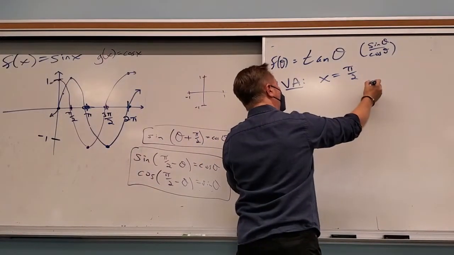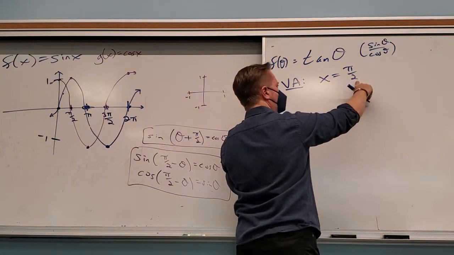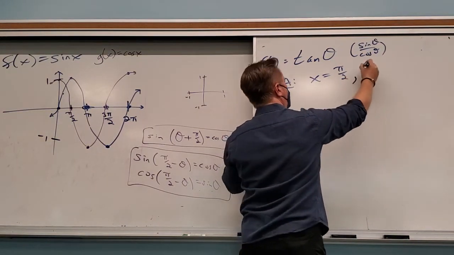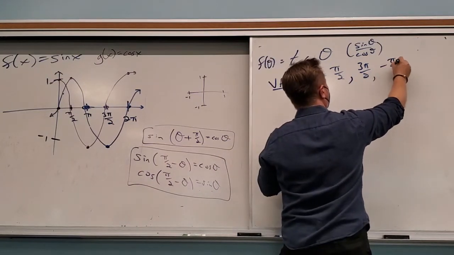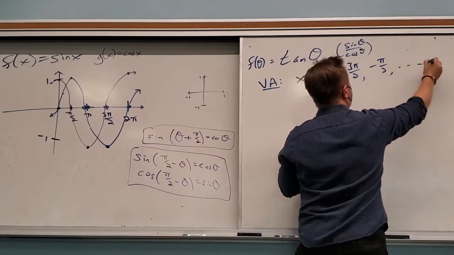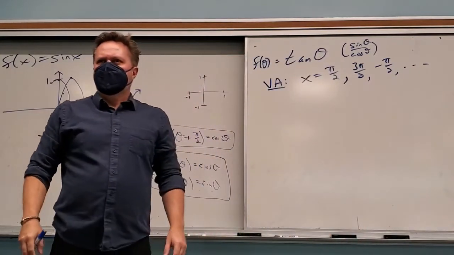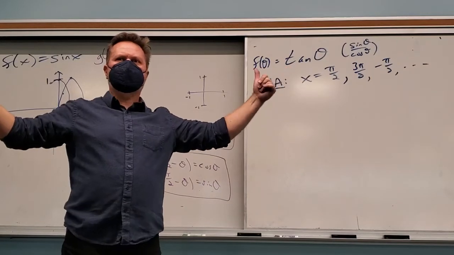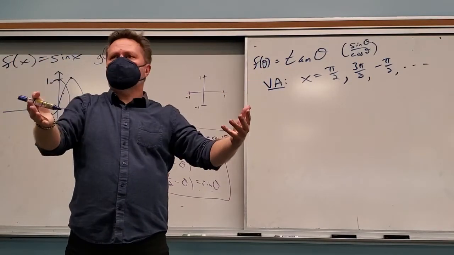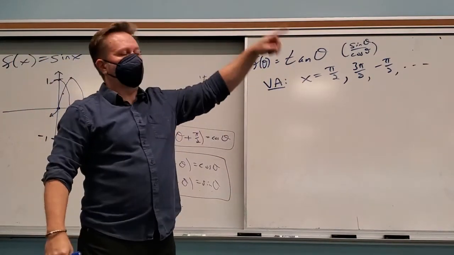In fact, there's a vertical asymptote at every odd multiple of pi over 2, including the negatives, forever and ever. All the pi over 2's are bad for tangent because that's where cosine is 0, and that's why there's a bunch of walls on the tangent.